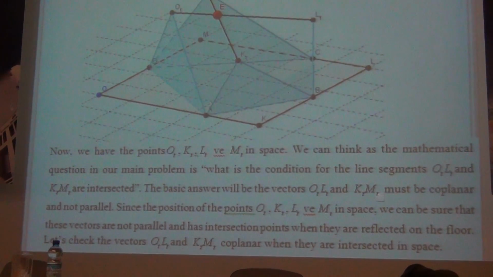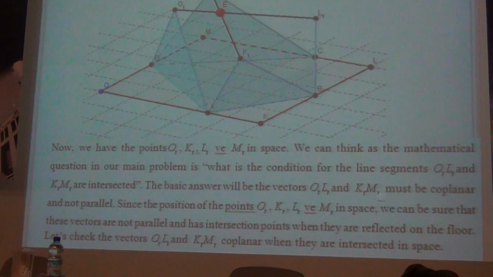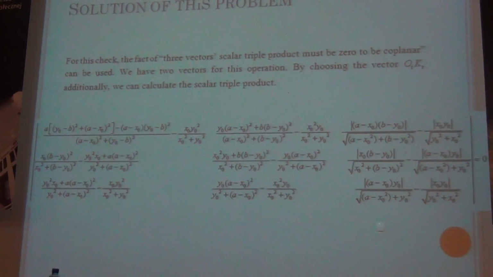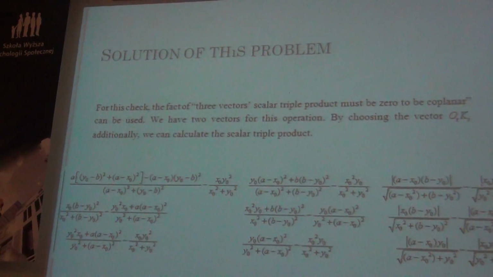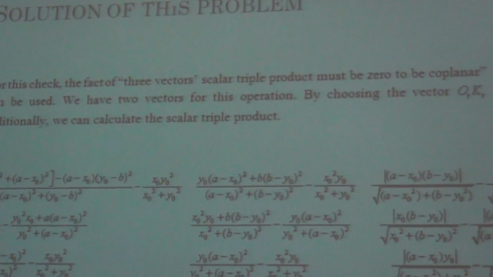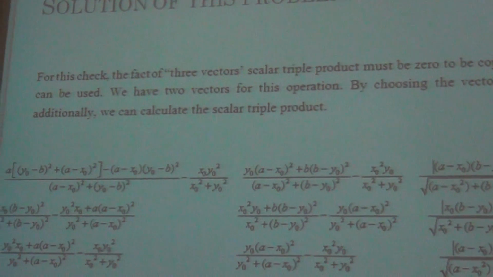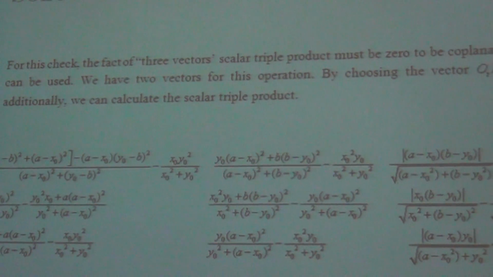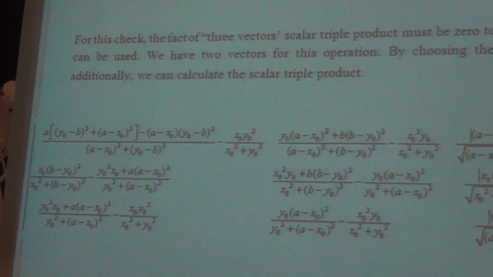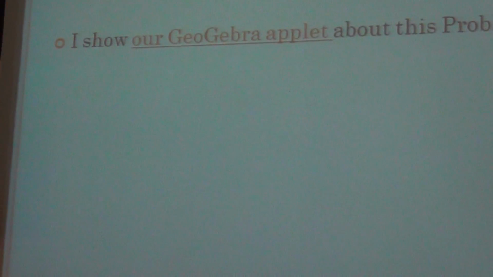Let's check whether the vectors O_TL_T and K_TM_T are coplanar when they intersect in space. For this check, we can use the fact that the scalar triple product of three vectors must be 0 for them to be coplanar. We have two vectors for this operation. By choosing the vector O_DK_T additionally, we can calculate the scalar triple product.